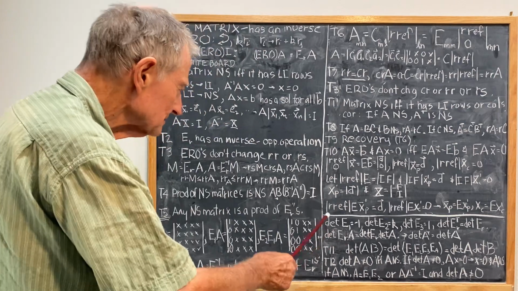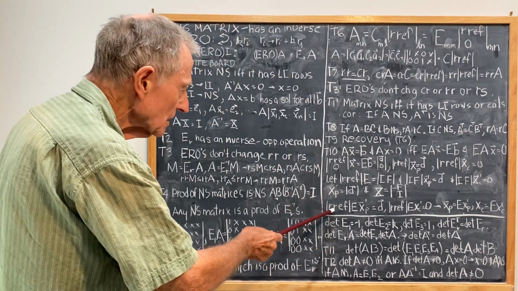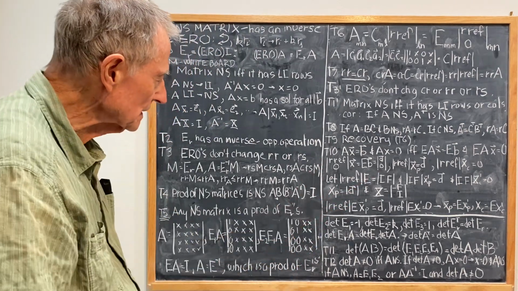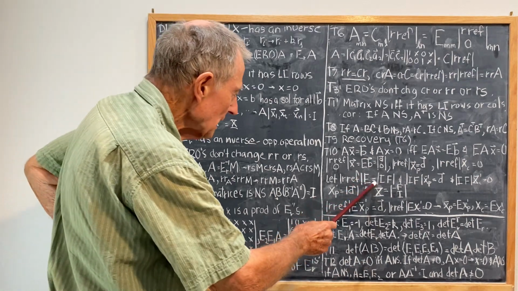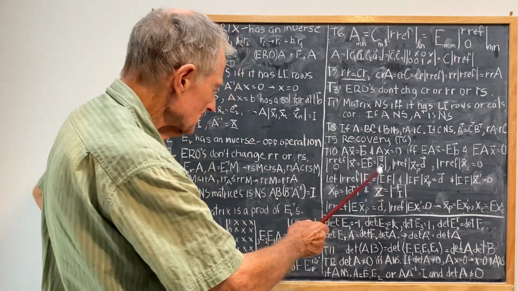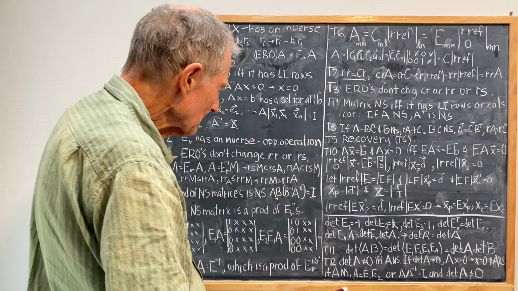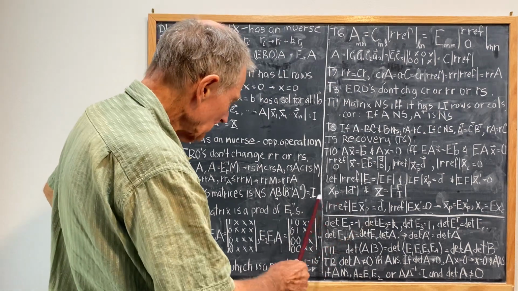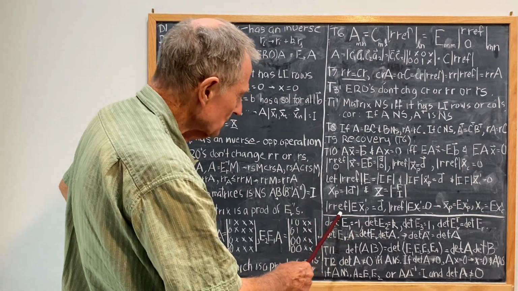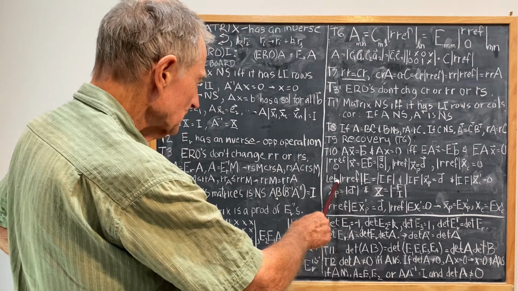All right, but I need a solution to RREF X equals D. So what I do is replace IF by the original reduced row echelon form times E, by this definition here.